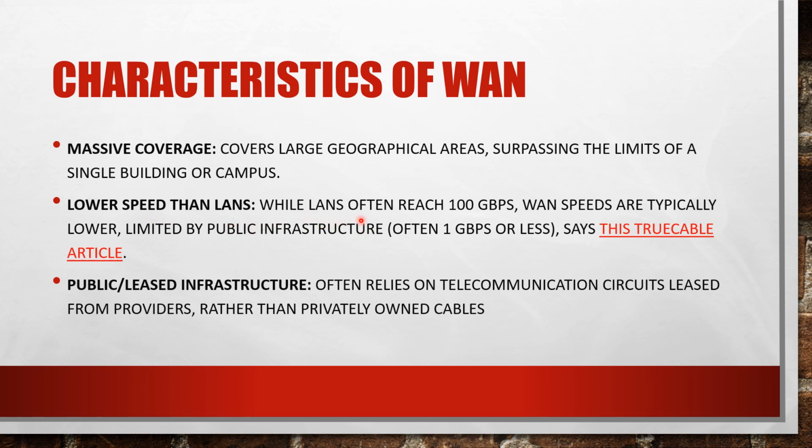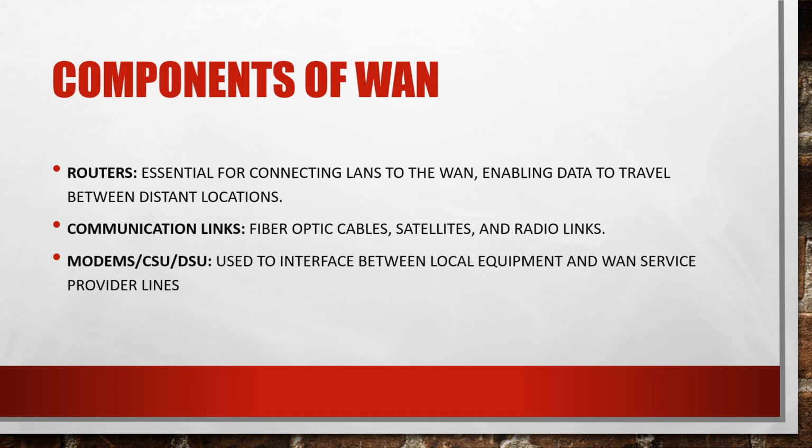So LANs often go for 100 Gbps for high speed connectivity, but typically in our WAN it is limited to 1 Gbps, and public infrastructure often relies on telecommunication circuits provided by providers rather than privately owned cables.